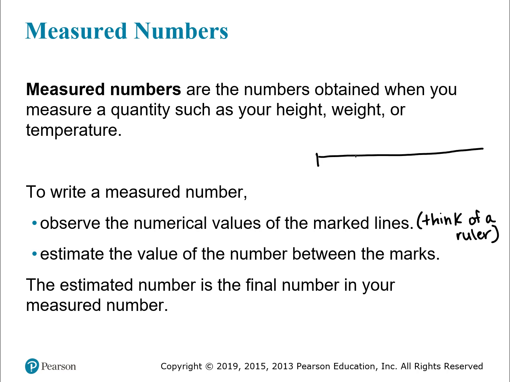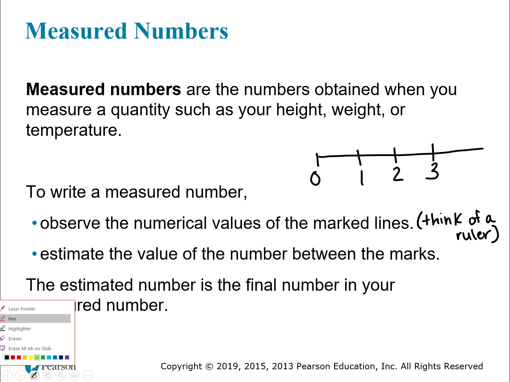So this is my ruler. And I had a line that I was trying to measure. I would observe the numerical marks, right? So this is 1 decimal point.